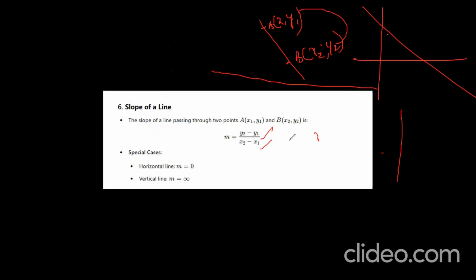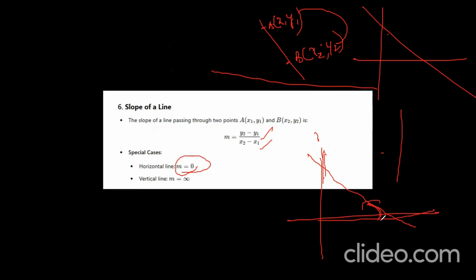If you go for special cases, let us see what slope actually is. The slope is nothing but the angle which the line makes in the anti-clockwise direction with the x-axis. That can be called the slope. Understand?